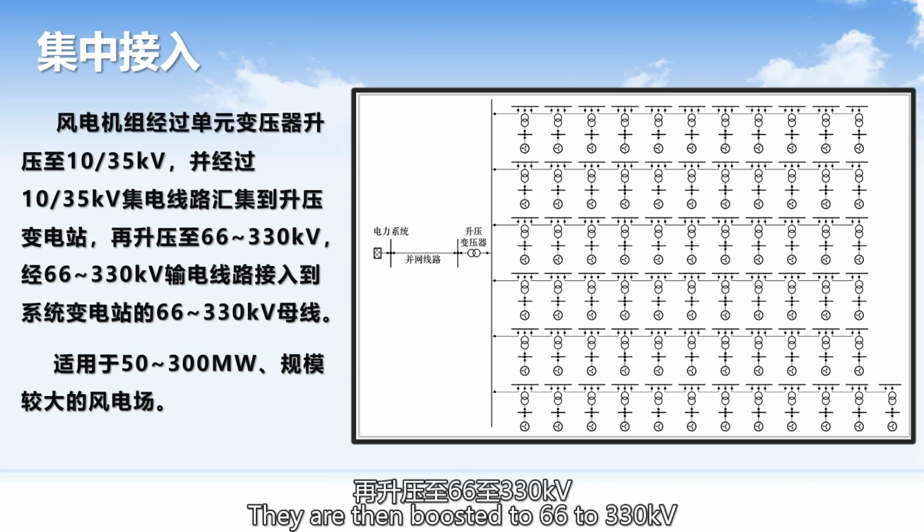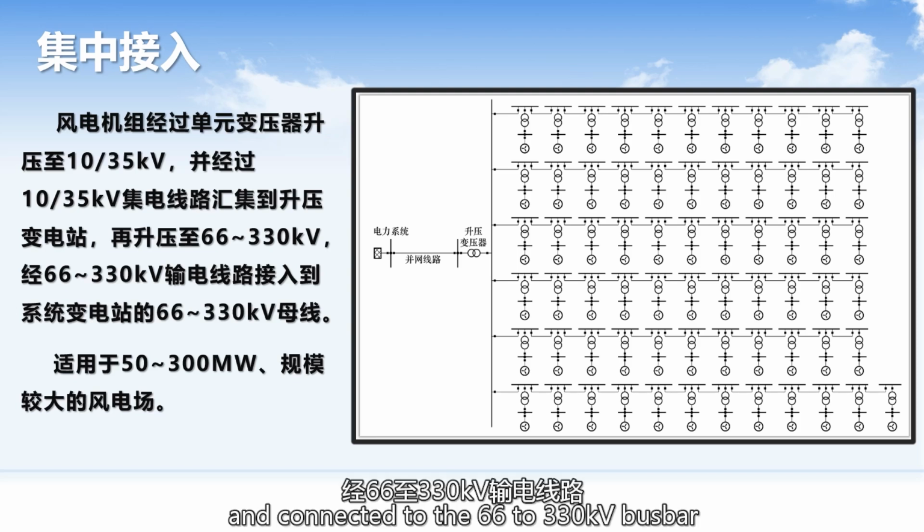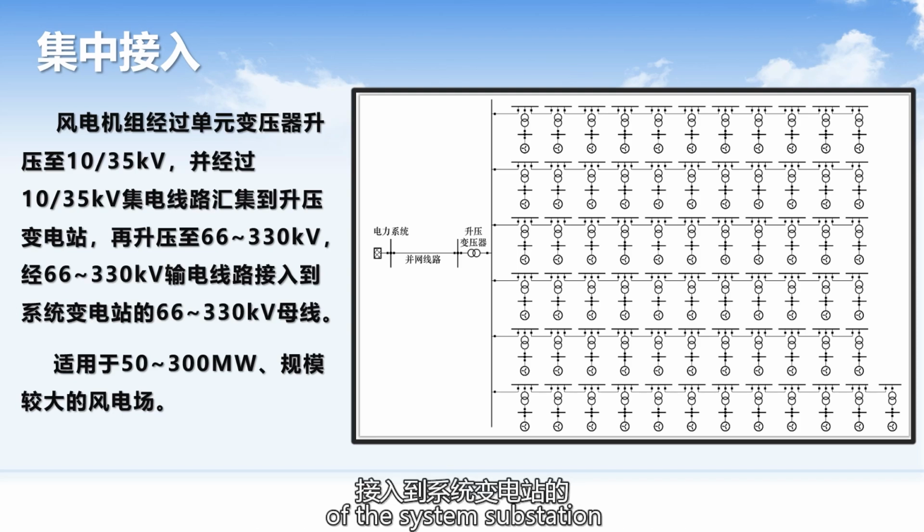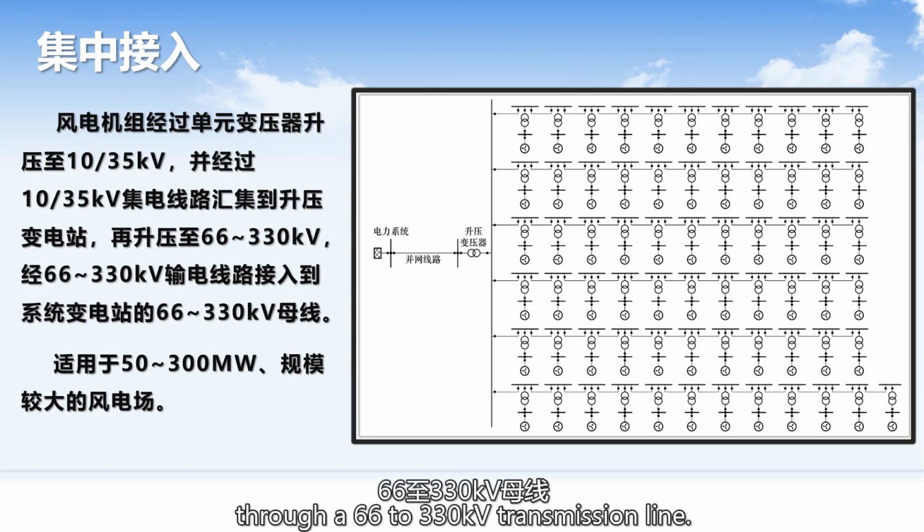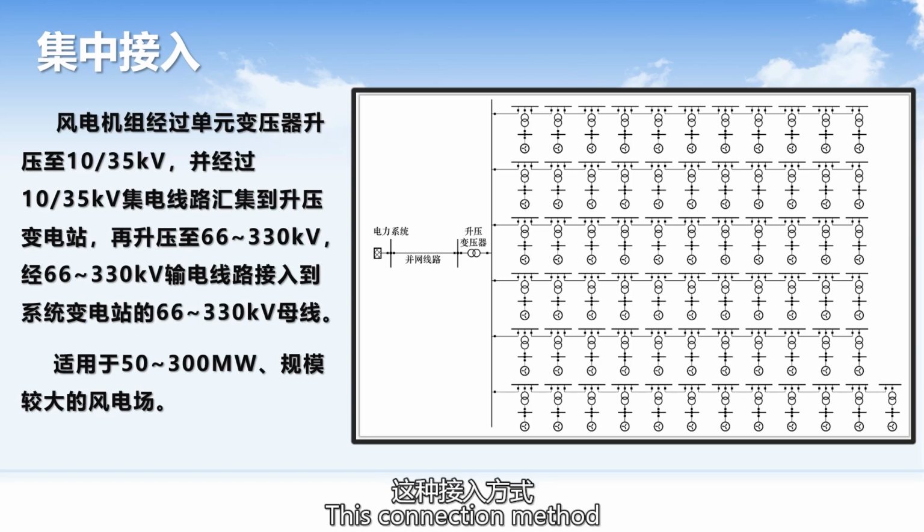They are then boosted to 66 to 330 kilovolts and connected to the 66 to 330 kilovolt busbar of the system substation through a 66 to 330 kilovolt transmission line. This connection method is suitable for larger wind farms, ranging from 50 to 300 megawatts.